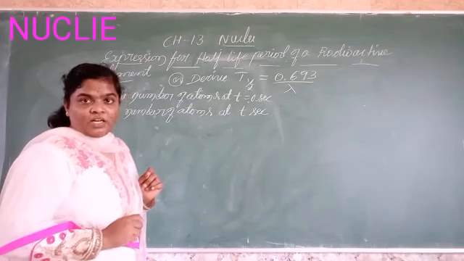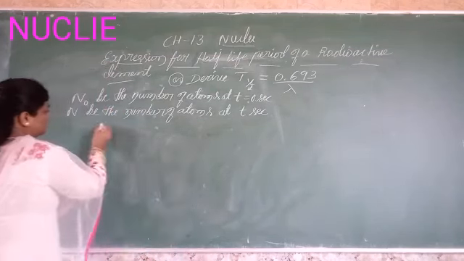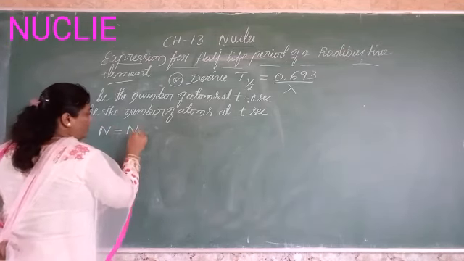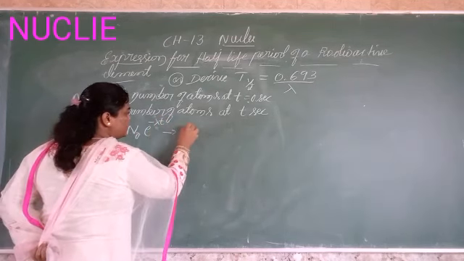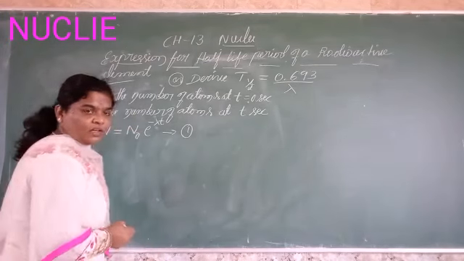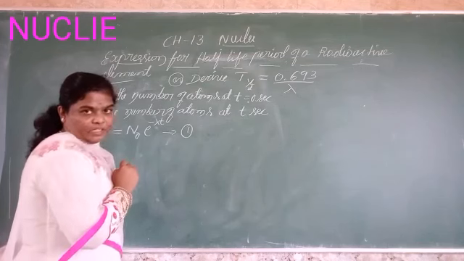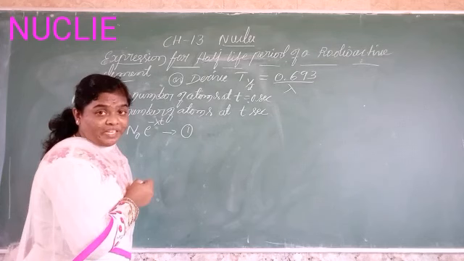So we know that the radioactive decay is given by N is equal to N0 e to the power of minus lambda t. That is the equation. This is the radioactive decay law, the number of atoms in a radioactive sample. Now what is the expression for the half-life period?